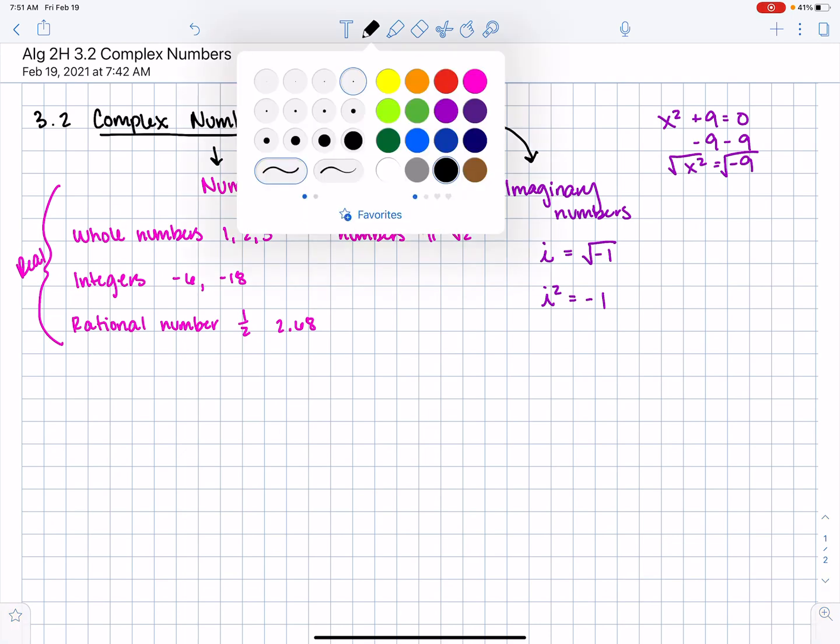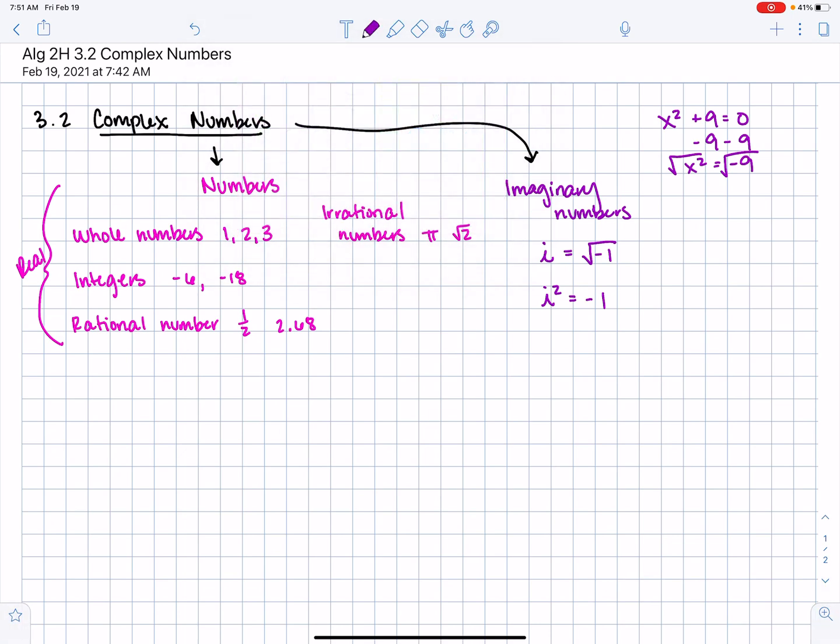Bringing us back to that first question, if I have x squared equals -9, we can keep solving this now. We can say x is equal to plus or minus the square root of 9 times -1. Now we can easily take the square root of 9, that's 3, and the square root of -1 is i.